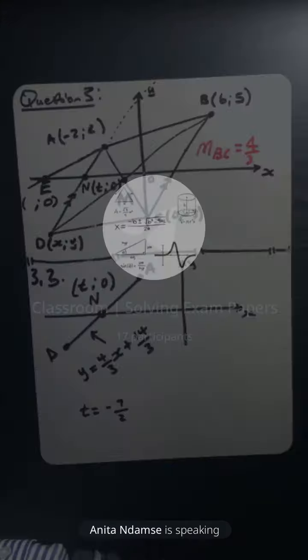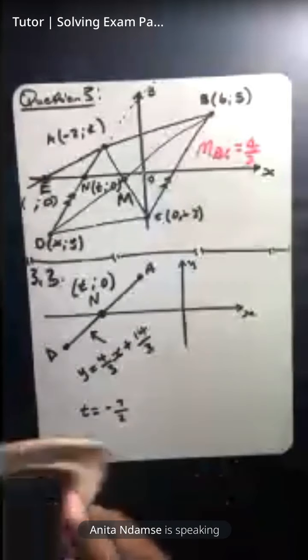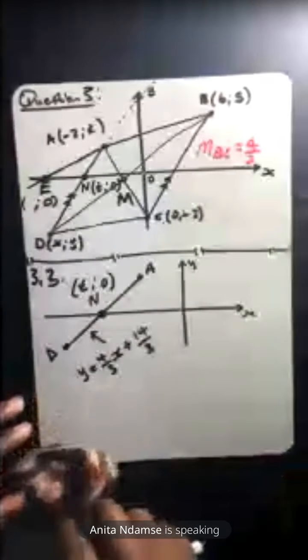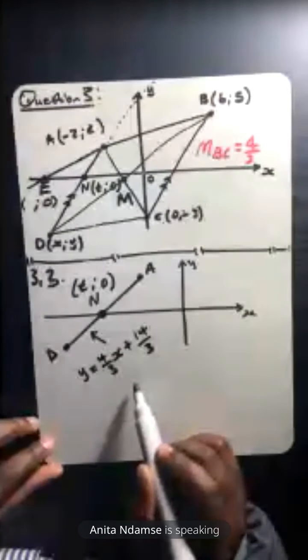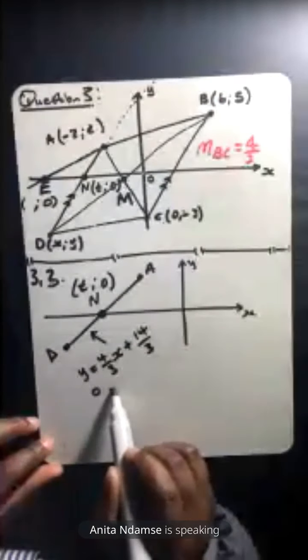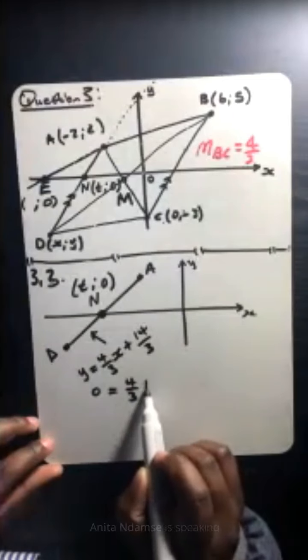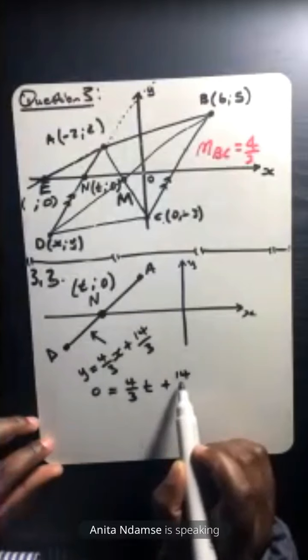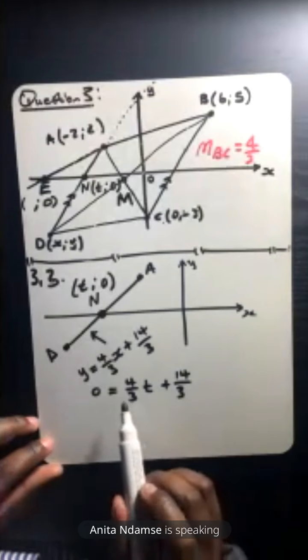Yes, it's t. So on the y coordinate I placed that 0, and on the x that t. But it's not negative.